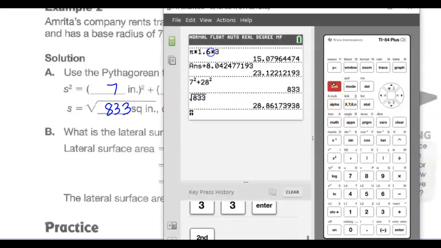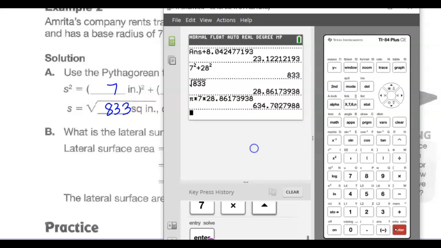Okay, so now in our calculator, you take pi times 7 times that slant height, or you can copy out what we had to 4 decimal places.